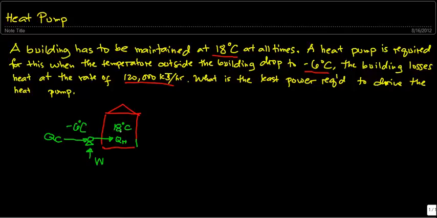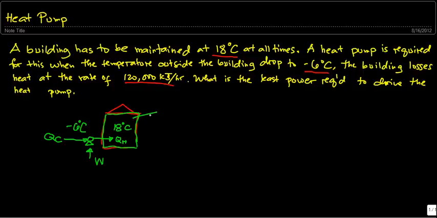Kay supposedly this building can be maintained at 18 assuming that the walls are insulated. So kung i-insulate nimo ang building, meaning no heat will leak out to the surroundings, ma-maintain nimo na. But in reality, you can't have complete insulation. So there's a rate, the building loses heat at the rate of 120,000 kilojoules per hour.